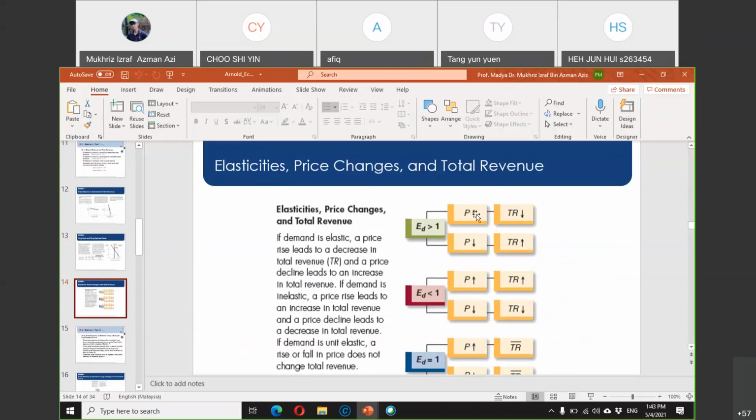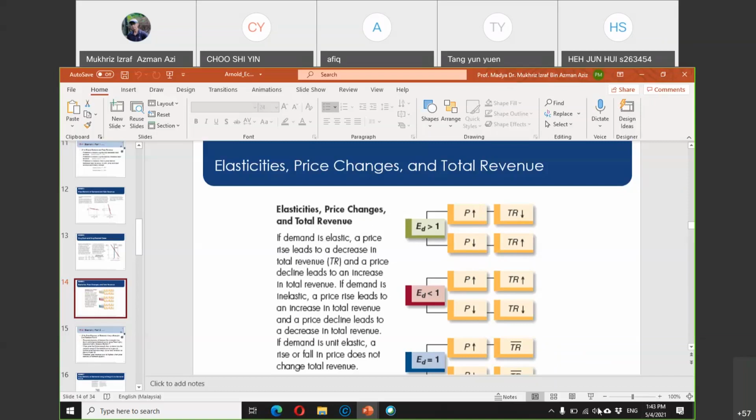I gave the example of elastic demand, for example smartphone gadgets. If the demand is elastic and the seller in Shopee or Lazada wants to increase their revenue, the thing they need to do is reduce the price, because consumers are very sensitive to price changes.